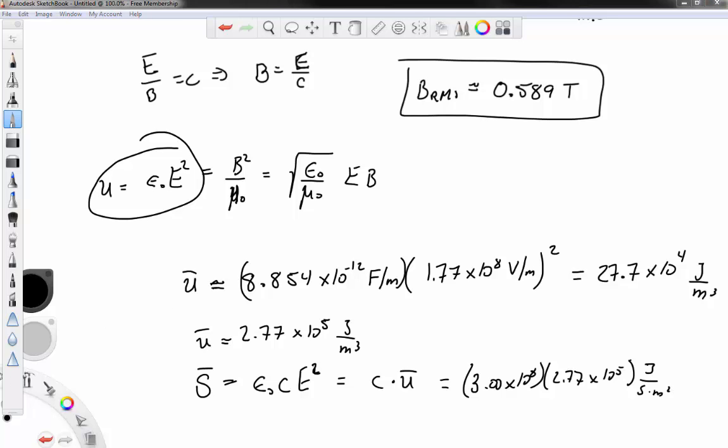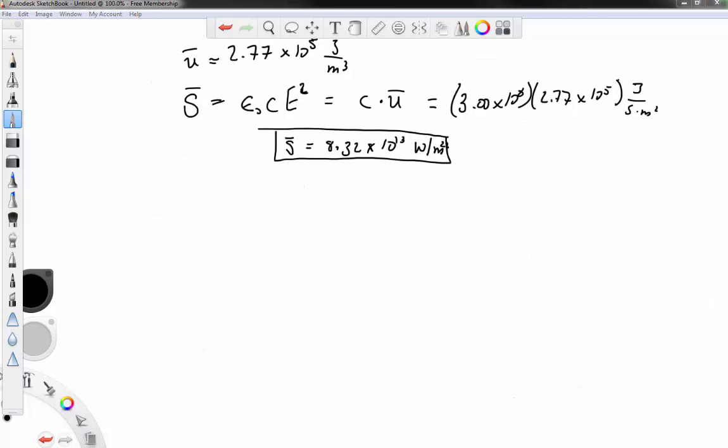So basically what that gets us is that the average value for S is 8.3216 times 10 to the 13th power watts per meter squared. So that's your average intensity for this wave that has just been described.